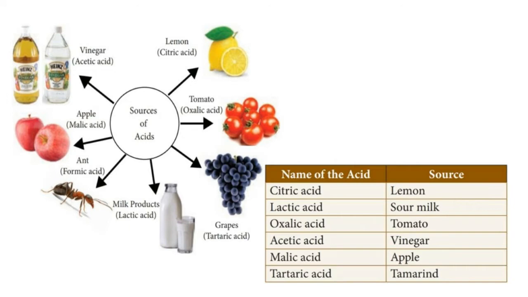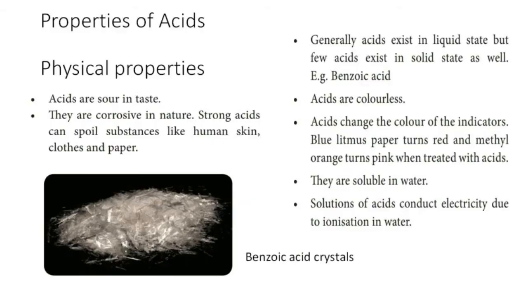There are many more classifications of acids and you will study about them in your higher classes. Next, properties of acids. Physical properties of acids are: acids are sour in taste. They are corrosive in nature.